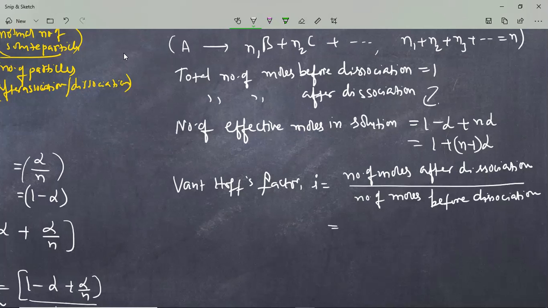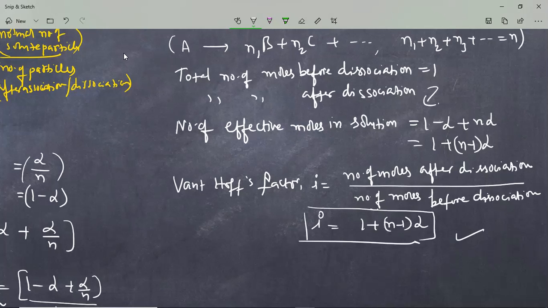So now after dissociation we calculated 1 plus (n minus 1) alpha. Before dissociation it is 1. So the i value is equal to 1 plus (n minus 1) alpha. This is the Van 't Hoff factor for dissociation cases.